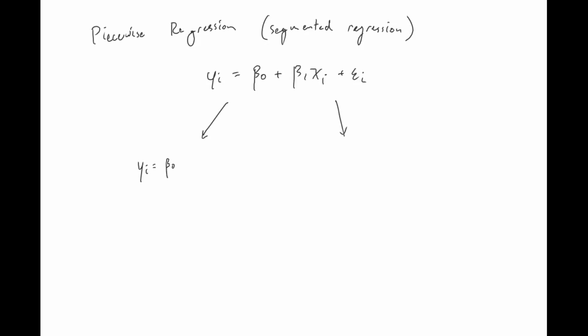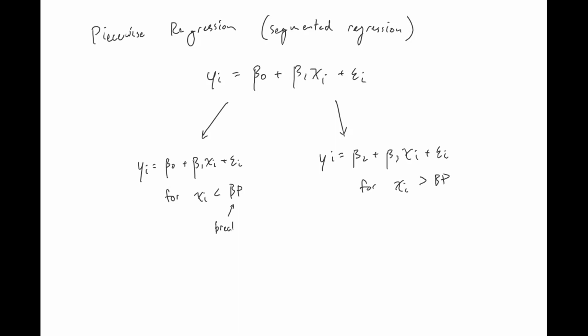And so it might look something like this, where BP is known as a breakpoint. So imagine that you have data that looks like this.